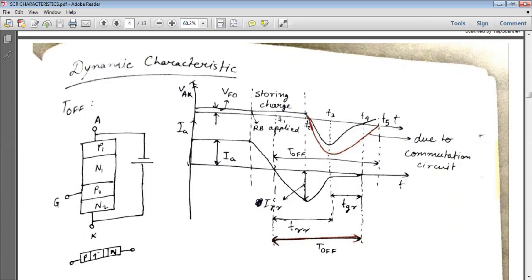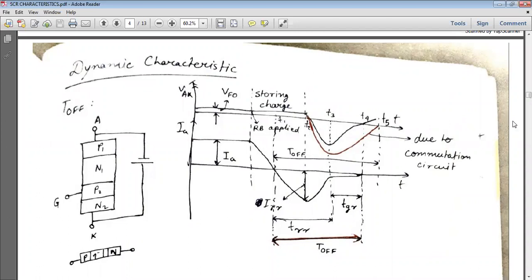At T4, if a gate pulse is given, assuming transition is over, the device will come to conduction. But for SCR used for controlling, the device is allowed to come to forward blocking. At T4, even though voltage and current come to 0, it is not sure that the device comes to forward blocking. J2 may be forward biased or reverse biased.